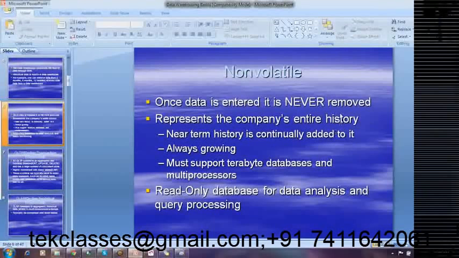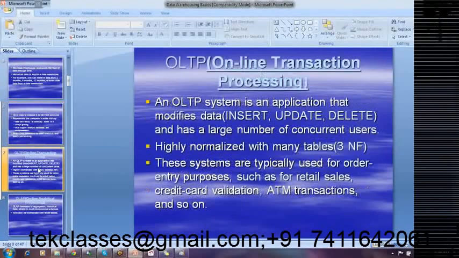Okay, thank you. So the next thing is about the different OLTP systems. Let's understand the definition of an OLTP system. OLTP is an online transaction processing application where you modify the data very frequently with a large number of concurrent users. Think about internet banking, which is accessed by so many users.